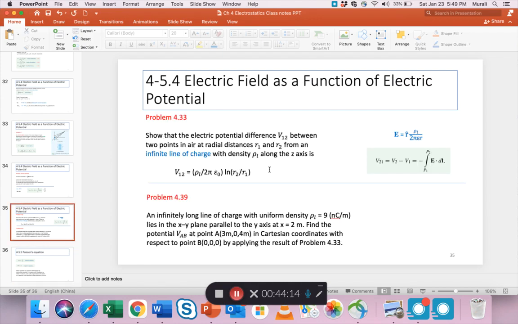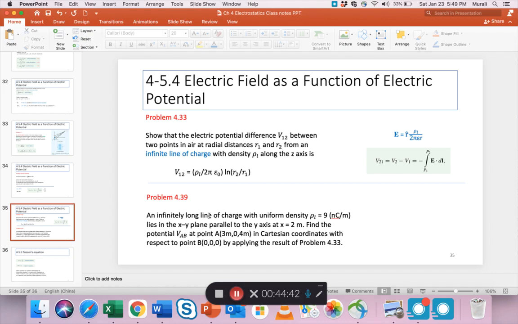Then we have the very last 2 problems, and then no more. Now these 2 problems are connected, even though they are from the back of the chapter, 4.33 and 4.39. 4.33 is like a derivation. Show that the electric potential difference V12 between 2 points in air at distances r1 and r2 from an infinite line of charge with density rho L along the z-axis is given by this.